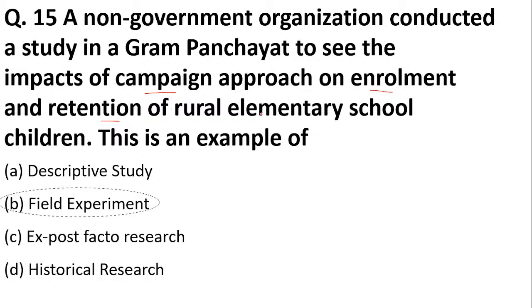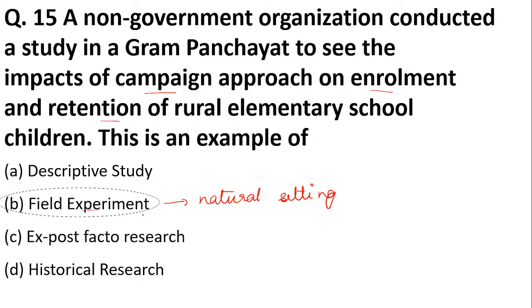Because field experiment is practically when you see a particular topic and then you do research based on it. Okay, so field experiments are experiments that are studied in natural setting. You do not alter it.